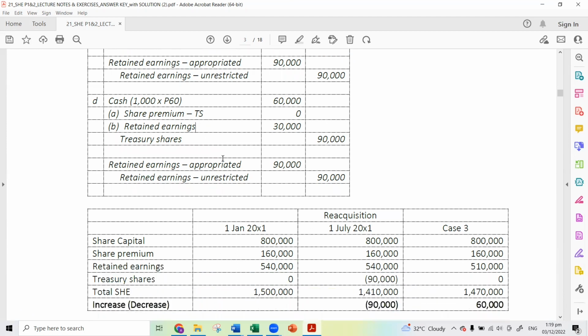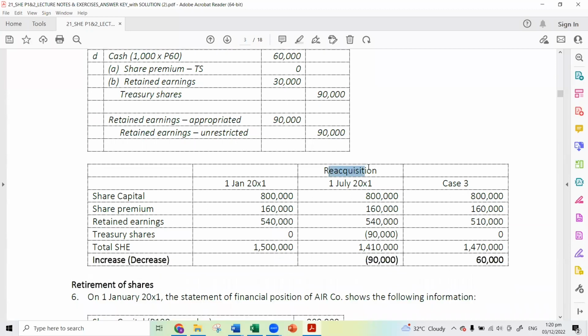So, anong effect? Ang effect ng reacquisition of the treasury shares is a decrease ng total stockholders equity. Yan yun. Kapag merong reacquisition. Kapag naman merong reissuance, tulad dito, okay, reissuance of treasury shares, this is an increase in the total stockholders equity that is equal to what?